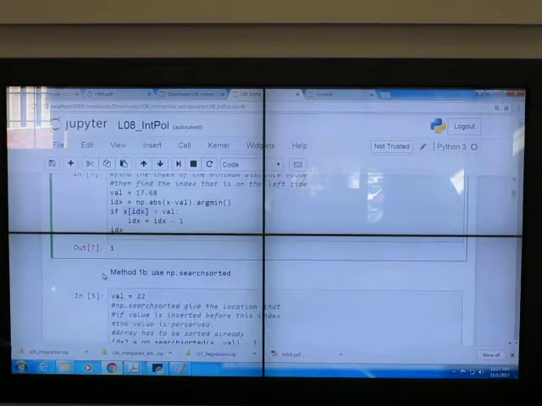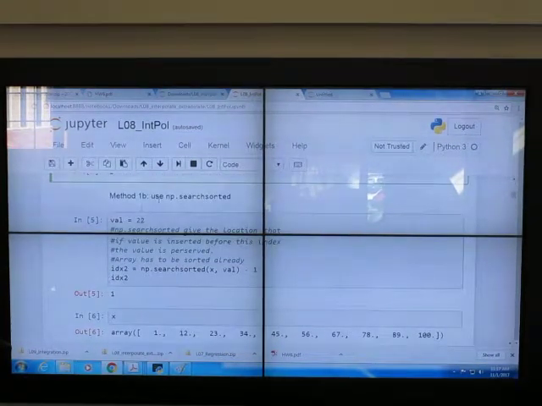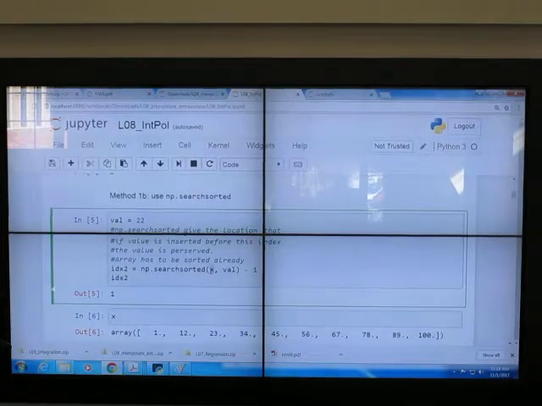And then to find the same thing, I can use numpy.searchsorted. Searchsorted gives the location, like if the value is inserted before this index, the order will be preserved. So if you do searchsorted with vector x that has several points inside and the value val, this will give me the interval, but it will give me the right point that covers the point of interest. So if I minus 1 over here, it becomes the left point.